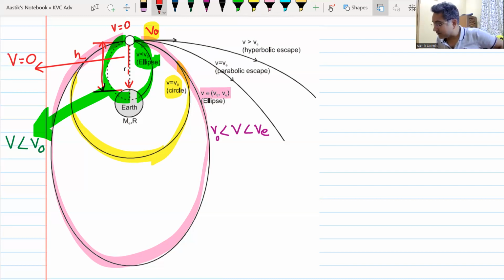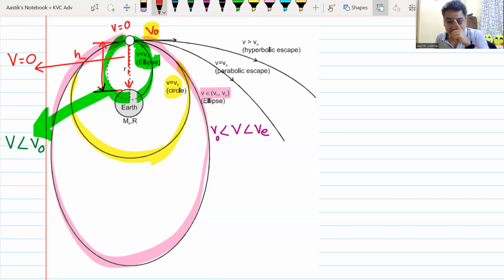If you give it a velocity exactly equal to the orbital velocity, it moves in a circular path. If you give it a velocity more than the orbital velocity but less than the escape velocity, it is bound to Earth. It will move in an elliptical path, with Earth at the nearer focus.